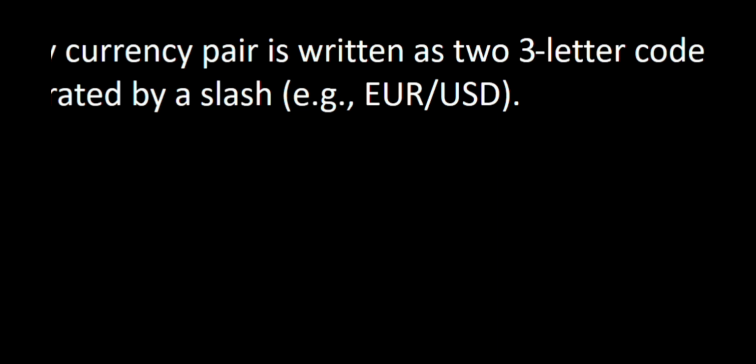So here we talk about the anatomy of a currency pair. Every currency pair is written as two currencies, each with a three-letter code, separated by a slash. When they say it's written as two, it means these two, Euro USD.